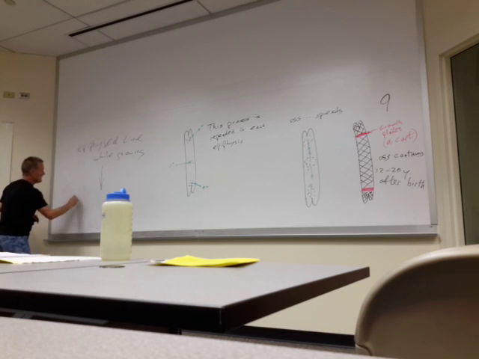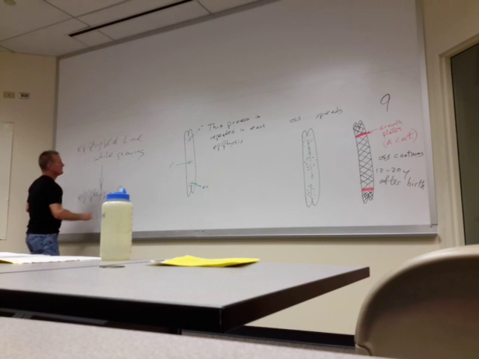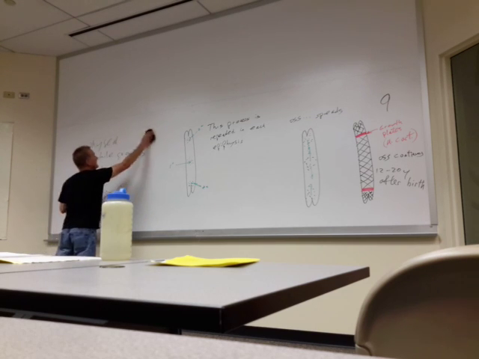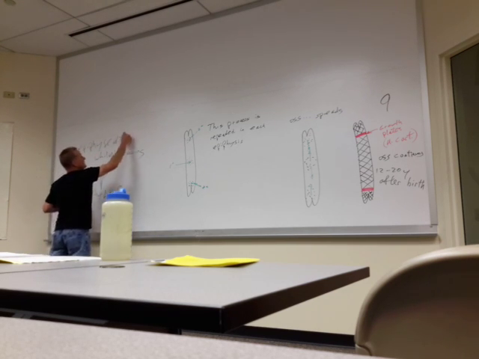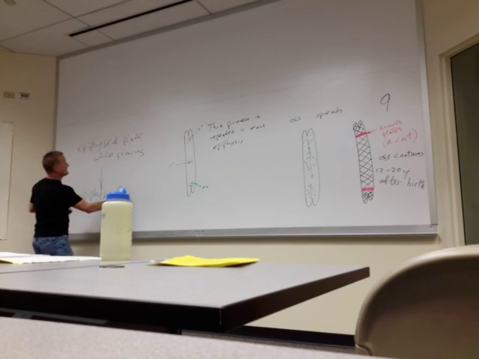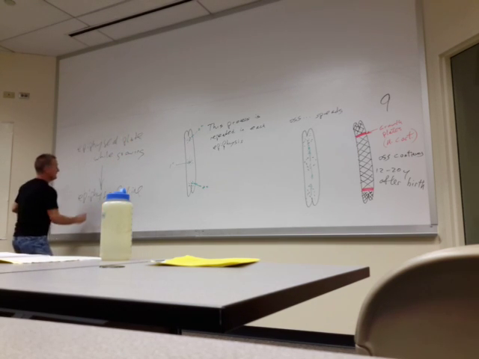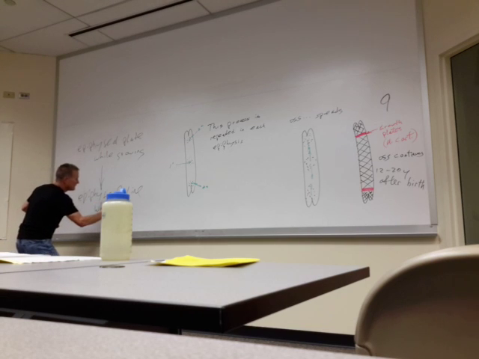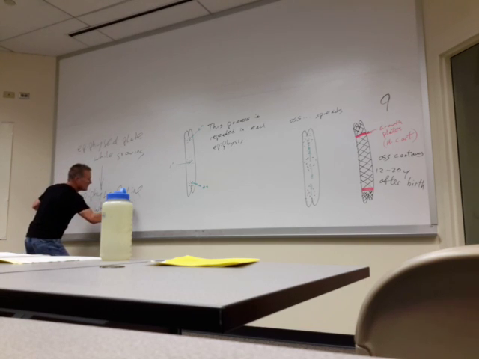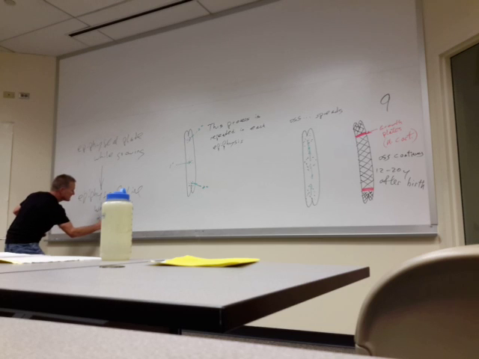And then it becomes what? Actually, hang on. Epiphyseal plate. And then it becomes the epiphyseal line when growth is complete.